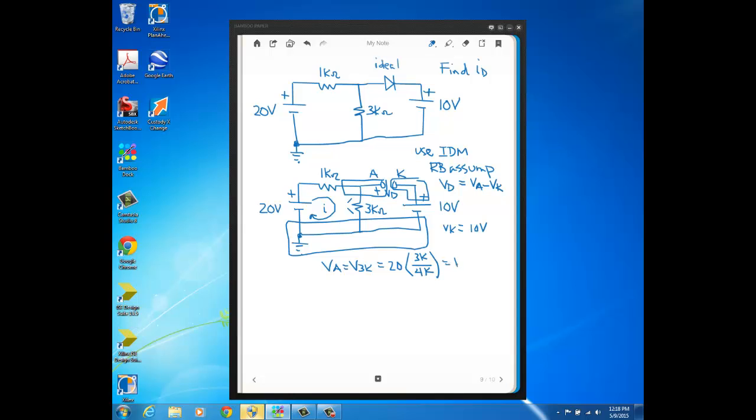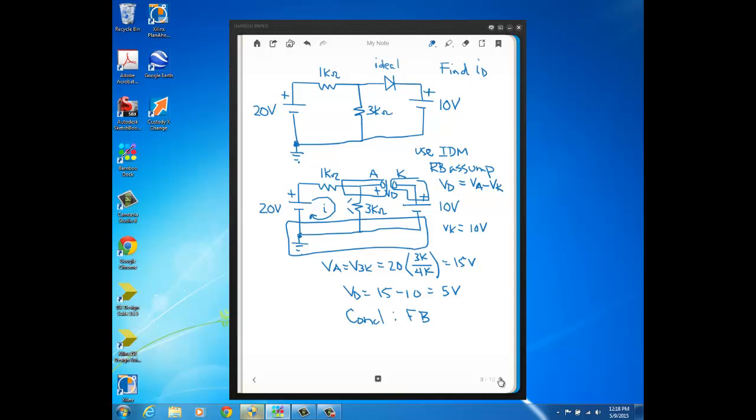So our VA is 15 volts. So our diode voltage is 15 minus 10, which is 5 volts. So our conclusion is that our reverse bias assumption was incorrect, that this diode is forward bias. And therefore, since it's forward bias, it's acting like a short.